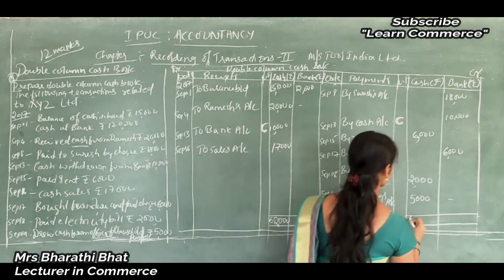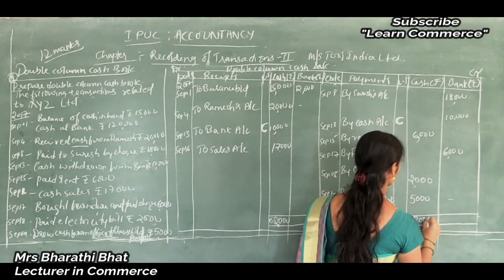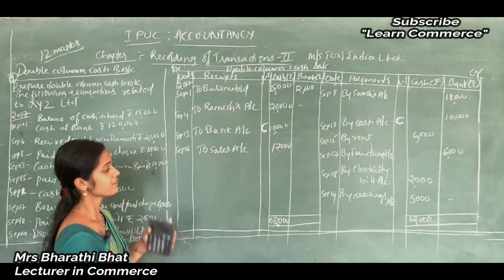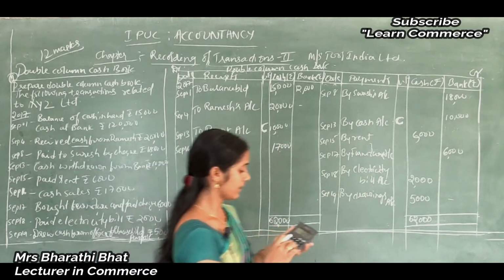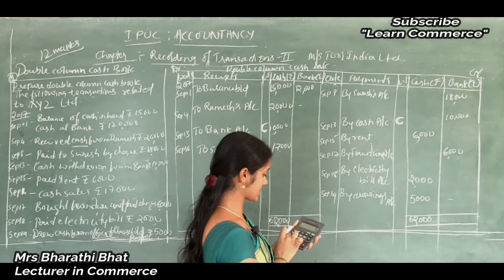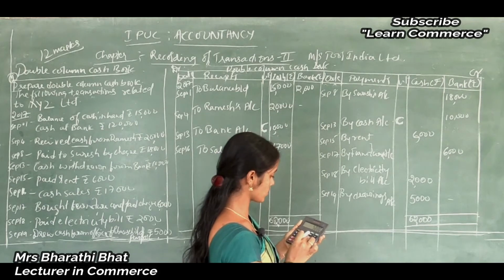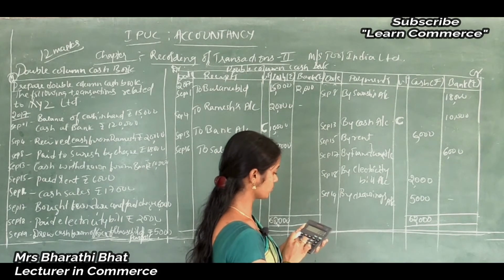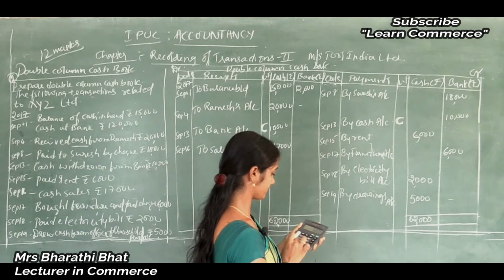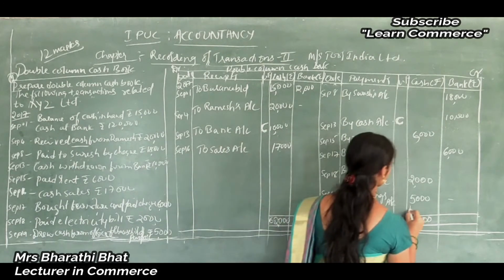So write the same amount, 62,000. In the next step, 62,000 minus, we need to deduct the lesser side values: 5,000 plus 2,000 plus 6,000, 49,000.